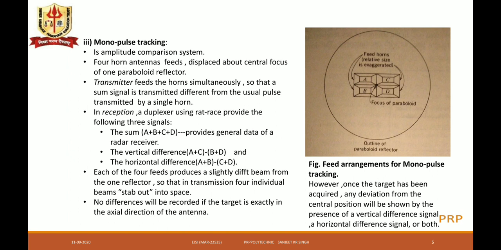So if the target is exactly on the central axis of the paraboloid dish, there is no difference. Otherwise there will be a vertical difference or a horizontal difference signal or both.